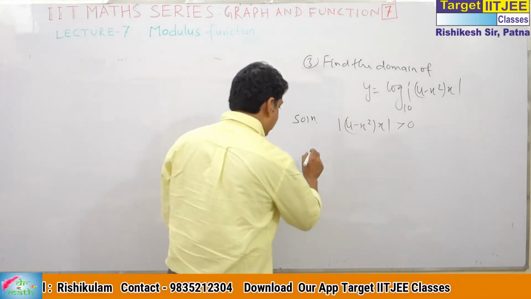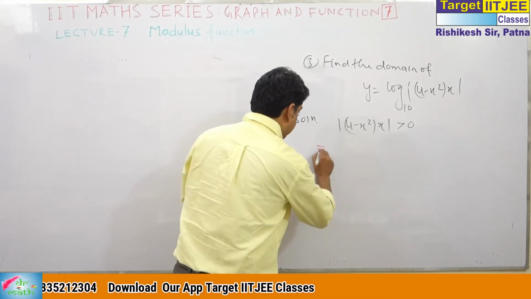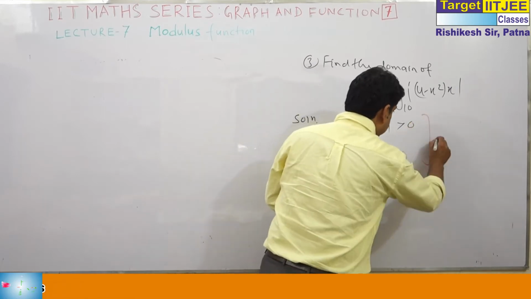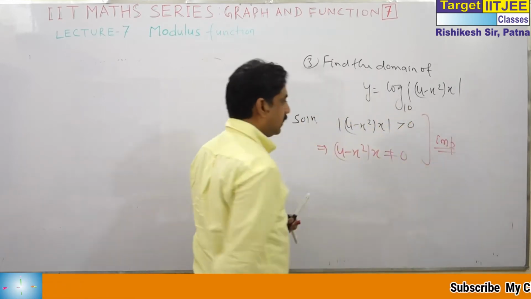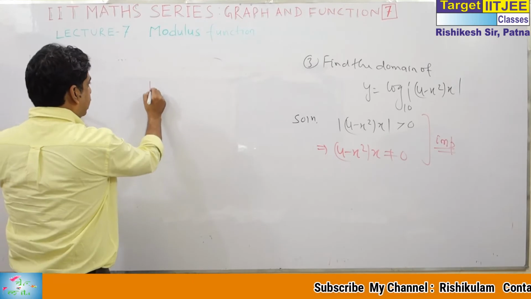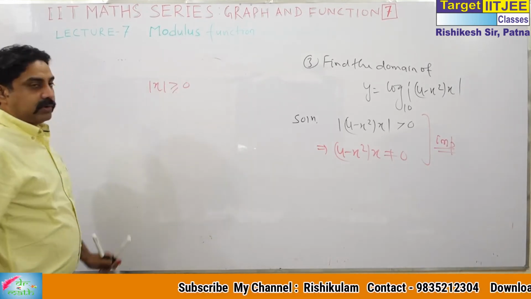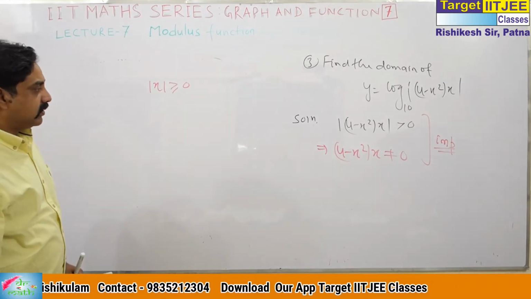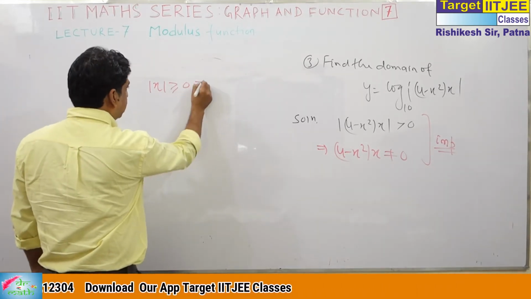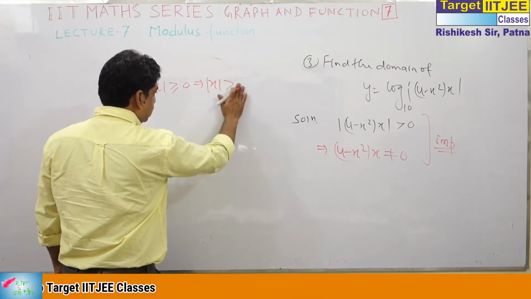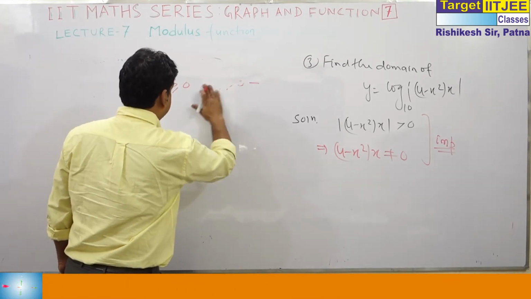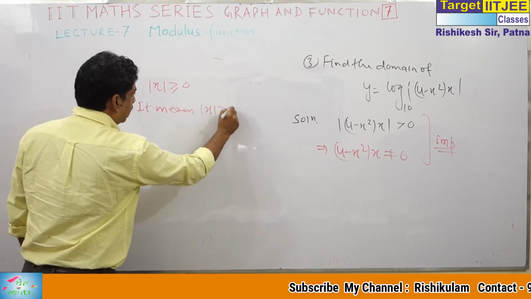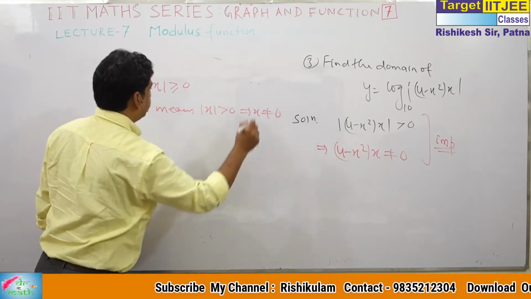Now there is an interesting condition. This implies 4 minus x square is not equal to 0. This is very important. We know mod x is greater than or equal to 0. It means mod x greater than 0 implies x not equal to 0 only.